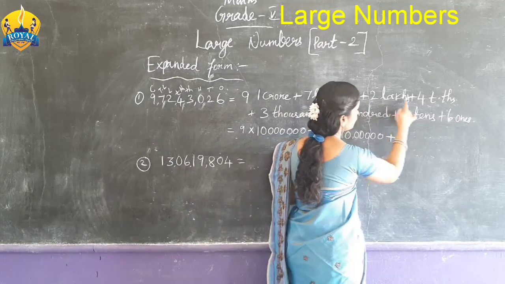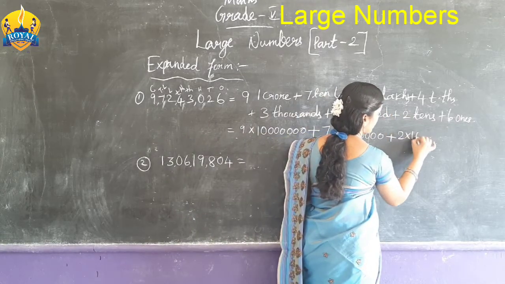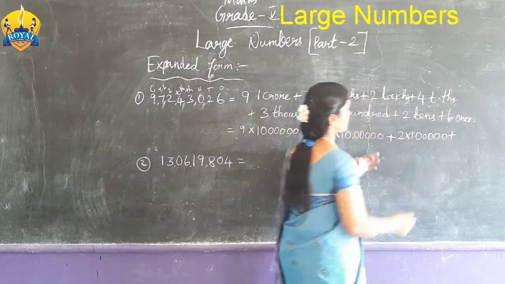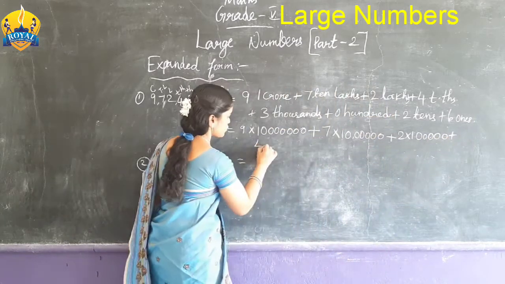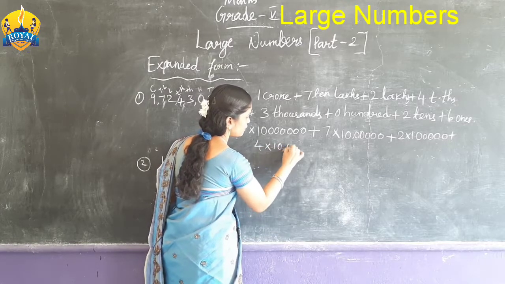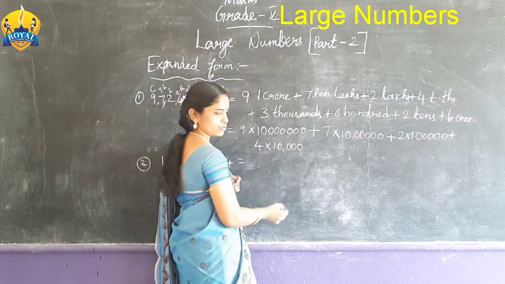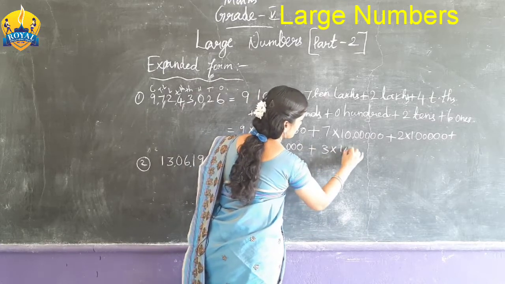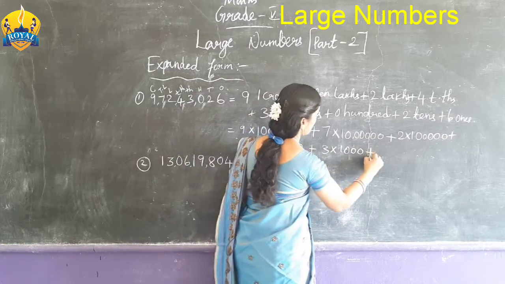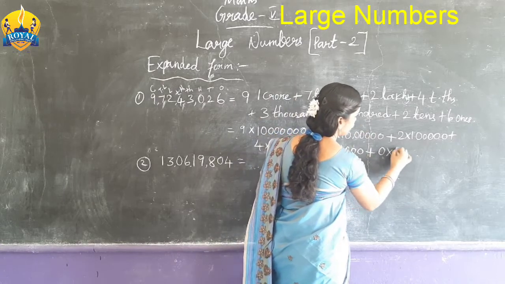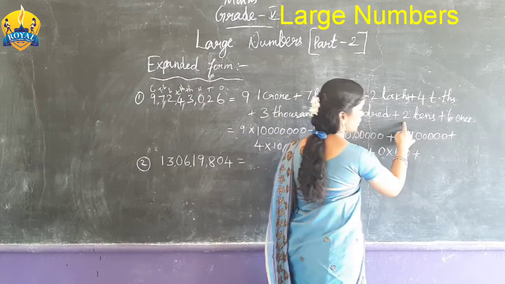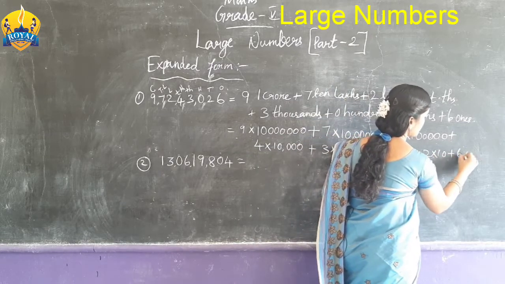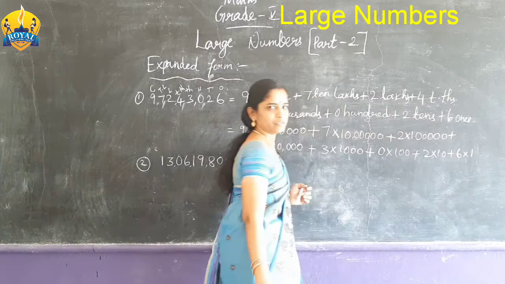The next one 2 lakh. 2 into 1 lakh. 1 and lakh means 5 zeros, plus 4 10,000. So 4 into 10 and thousands 3 zeros, we put 3 zeros, and 3 thousands. 3 into 1000, plus 0 100, 0 into 100, plus 2 tens. So 2 into 10 and 6 ones means 6 into 1.